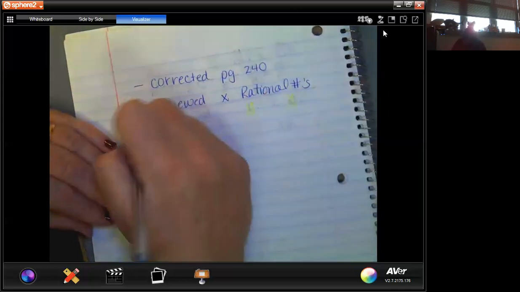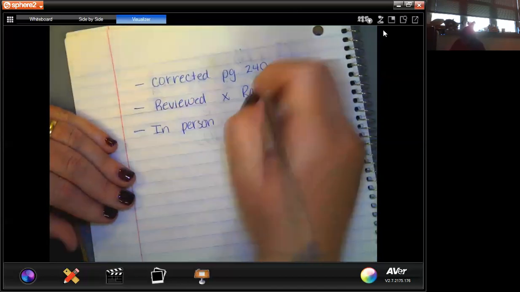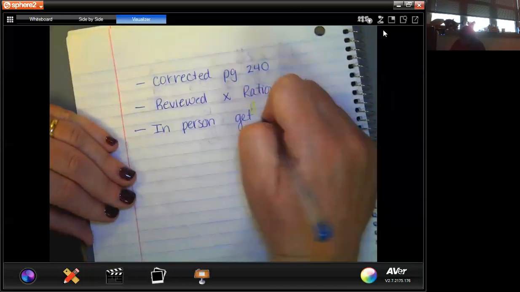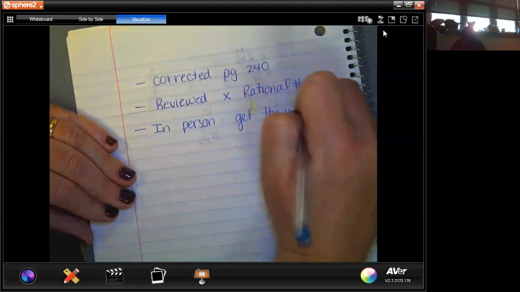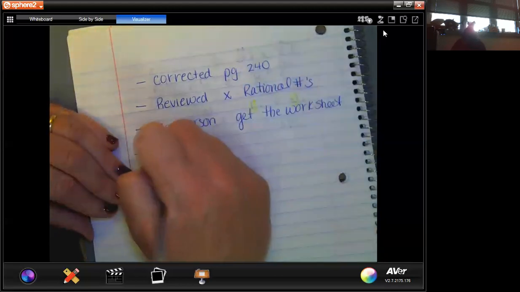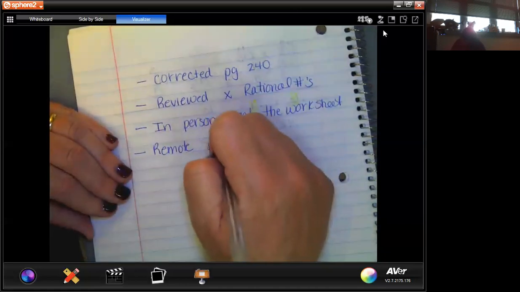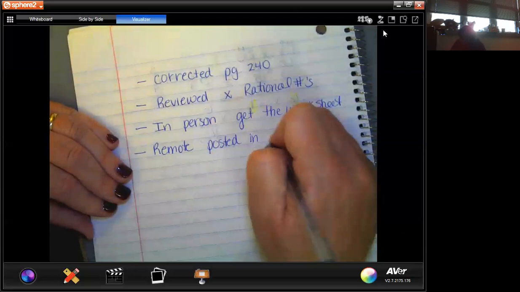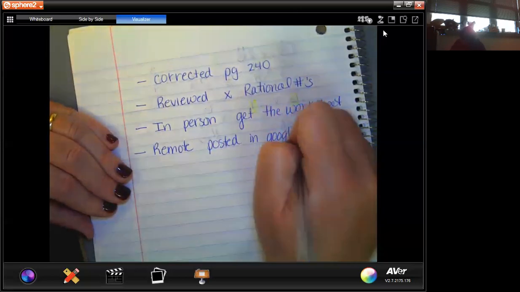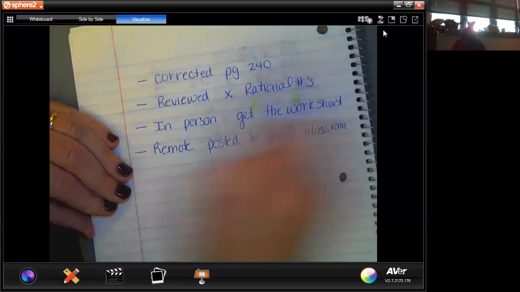In-person students, you get the worksheet. Remote students, these are posted in Google Classroom in classwork.